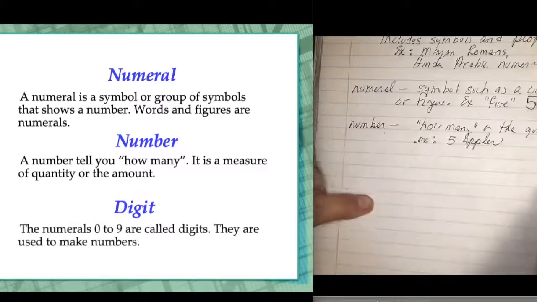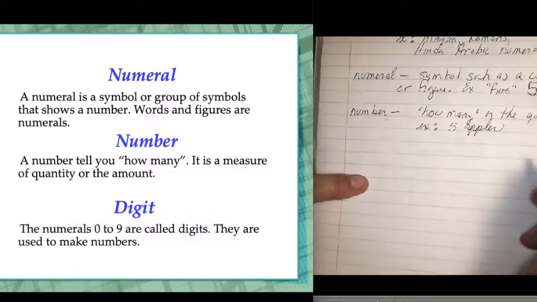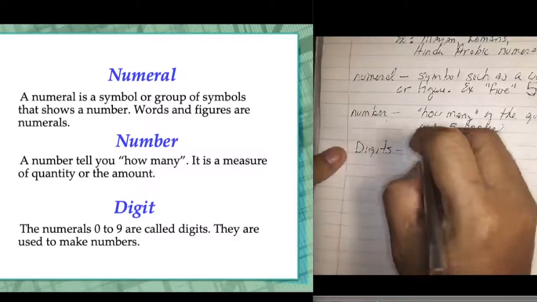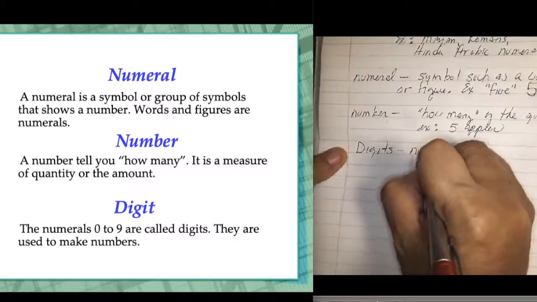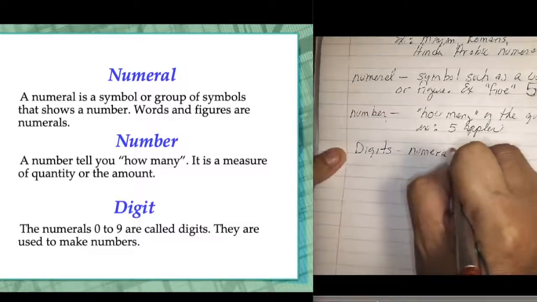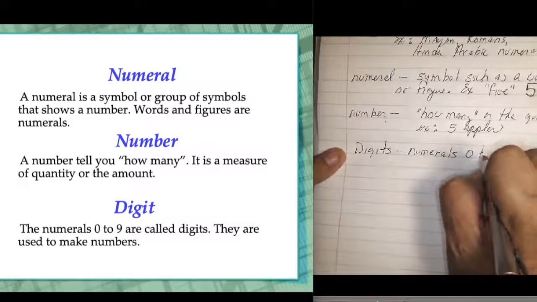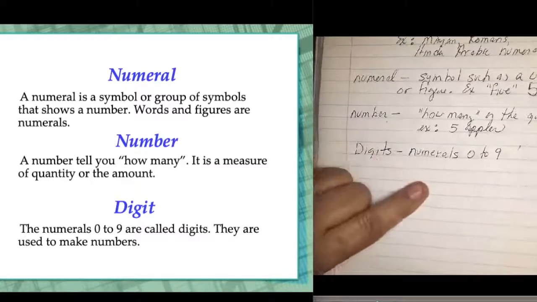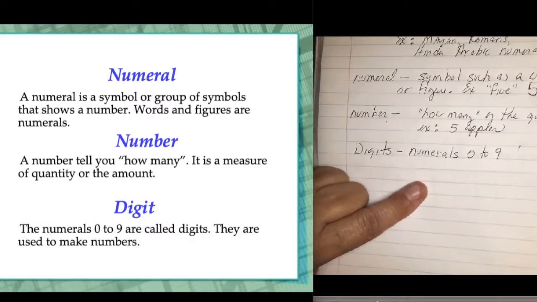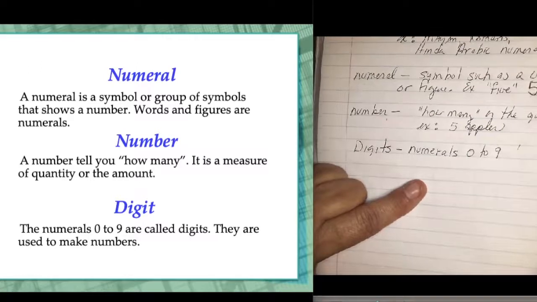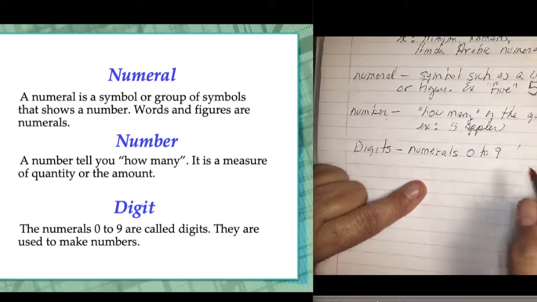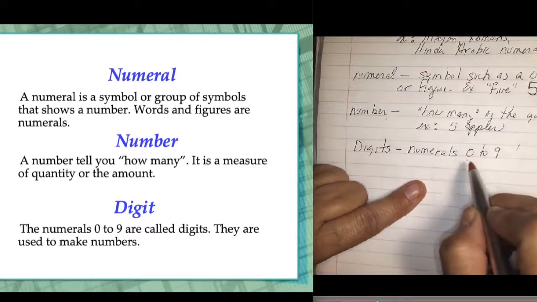Every numeral is composed of digits. So 0 to 9 are called digits, and they are used to make numbers. Every number that we have is composed of these digits arranged in different formats, right?